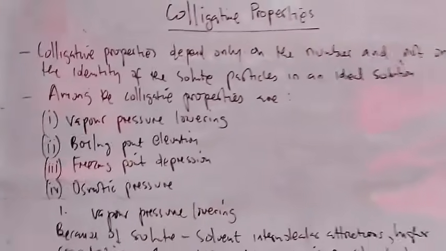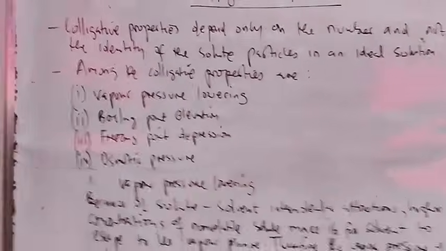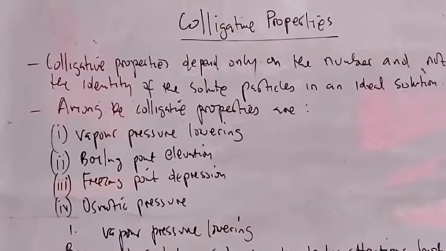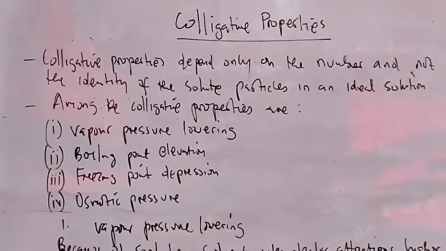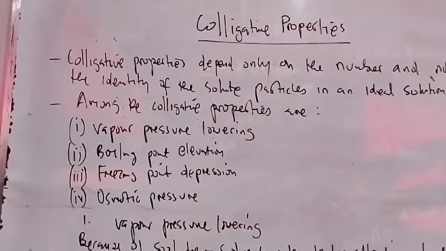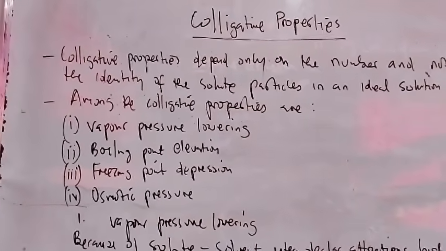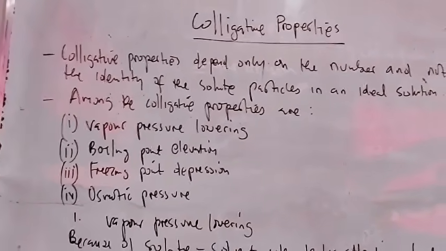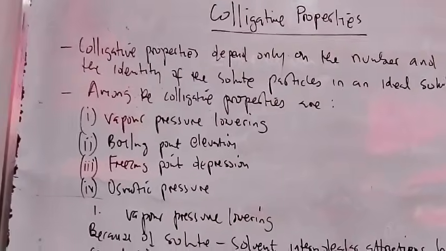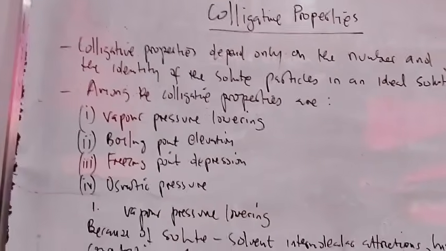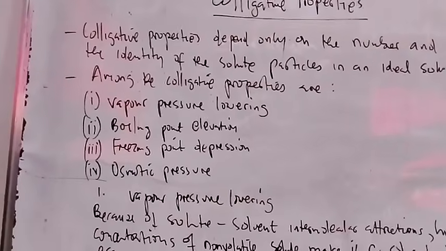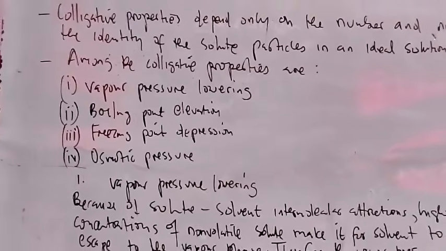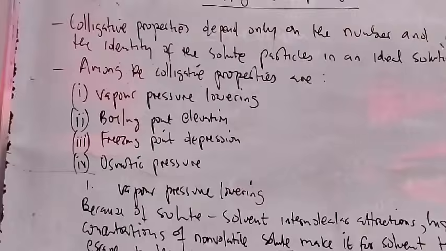Colligative properties include number one, vapor pressure lowering, boiling point elevation, freezing point depression, which is also called cryoscopy, then osmotic pressure. So there are four.